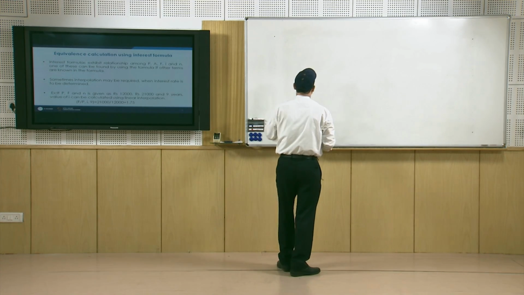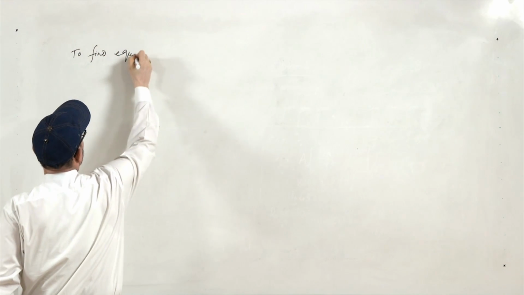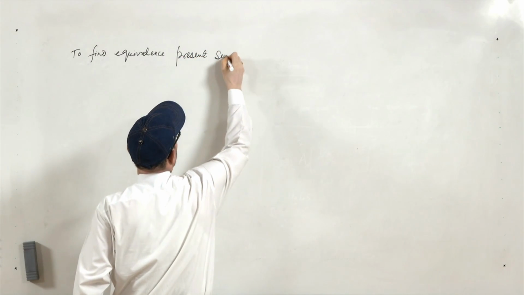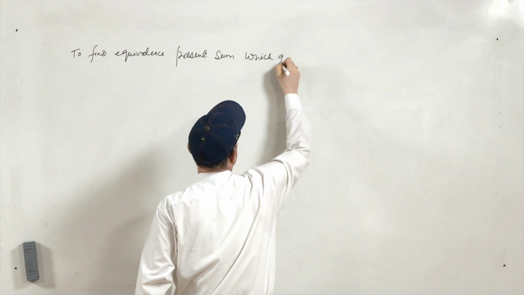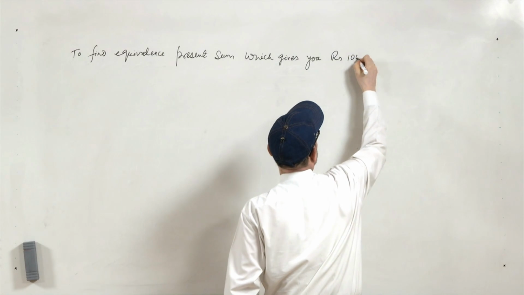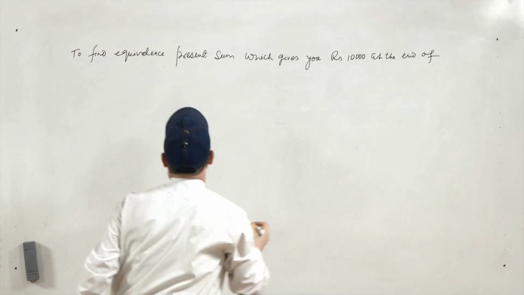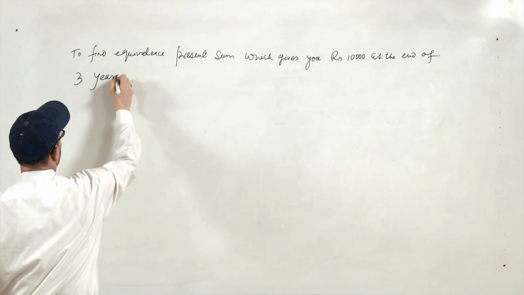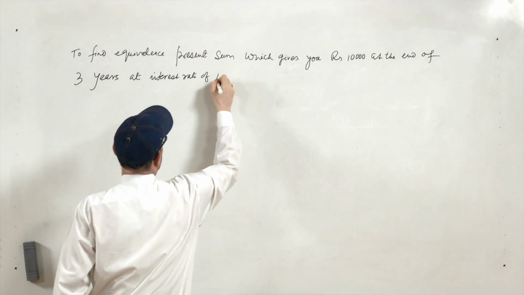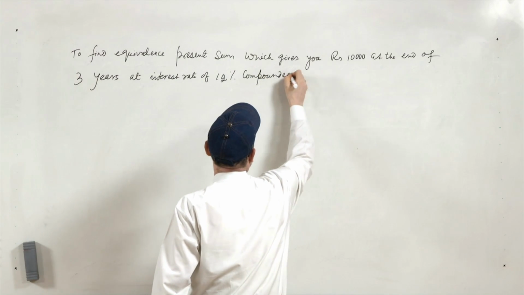Suppose you have to find the equivalent present sum which gives you rupees 10,000 at the end of 3 years at an interest rate of 12% compounded annually.